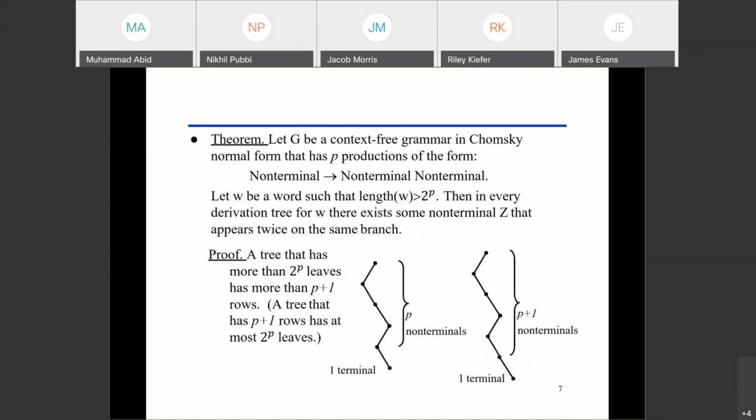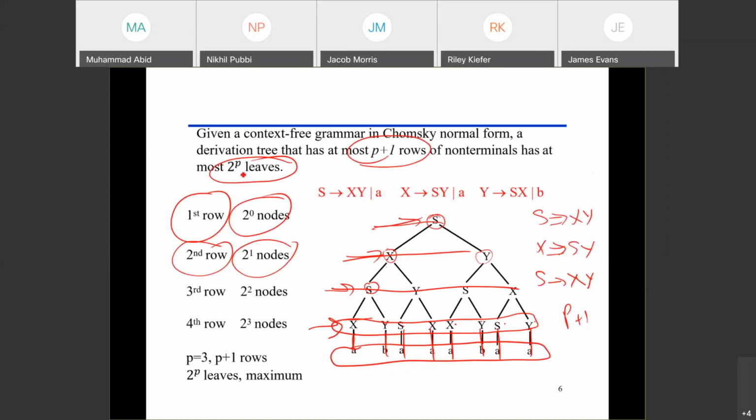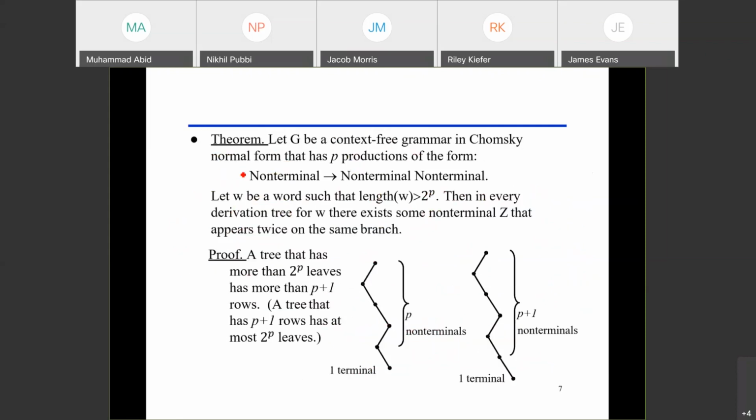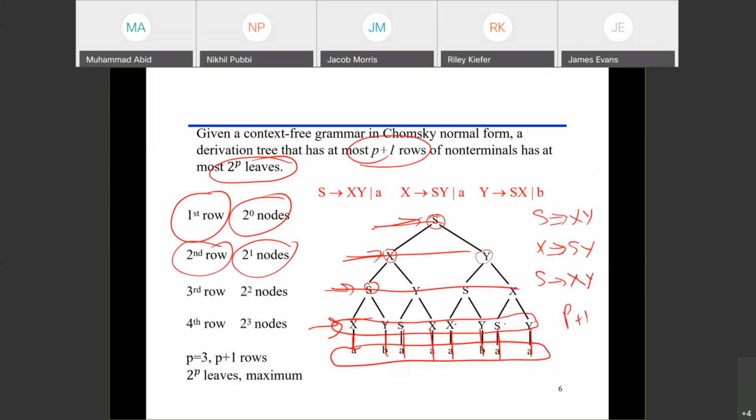Okay, now we have this fact. So if you have P productions, the maximum size of the word will be 2 raised to power P. But let's say the length of the word is greater than 2 raised to power P. Then what does it mean? It means that somewhere in this tree, you repeat one production.